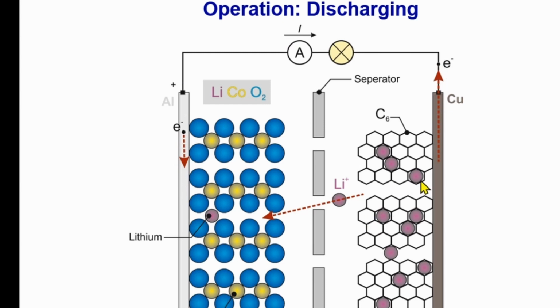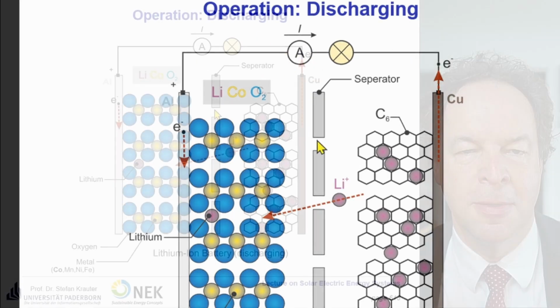If we take an electron away from the lithium atom, it turns into an ion, and this ion is transported through the separator to the other electrode because there's a negative charge there. This is our load, and this is our current meter, just an ampere meter. And we just discharge. If we charge, we need a source, but here we don't need a source.